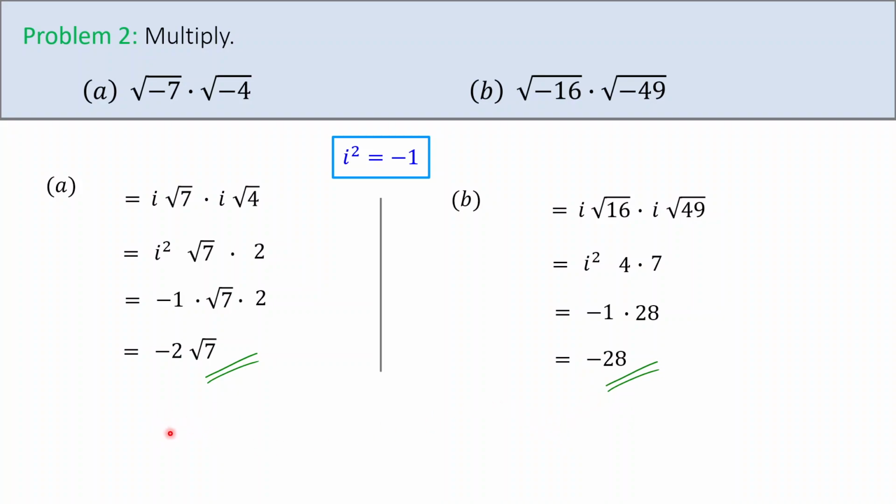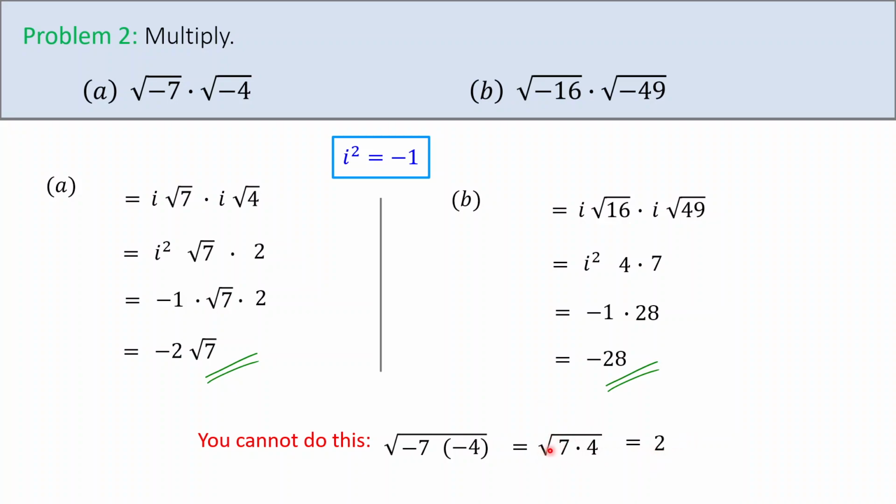Note that you cannot do this. That is, you put your square root and multiply this, negative 7 times negative 4, equal to, you are multiplying two negative numbers, you get positive, then 7 times 4, equal to, you can factor this 4 out, you get 2.